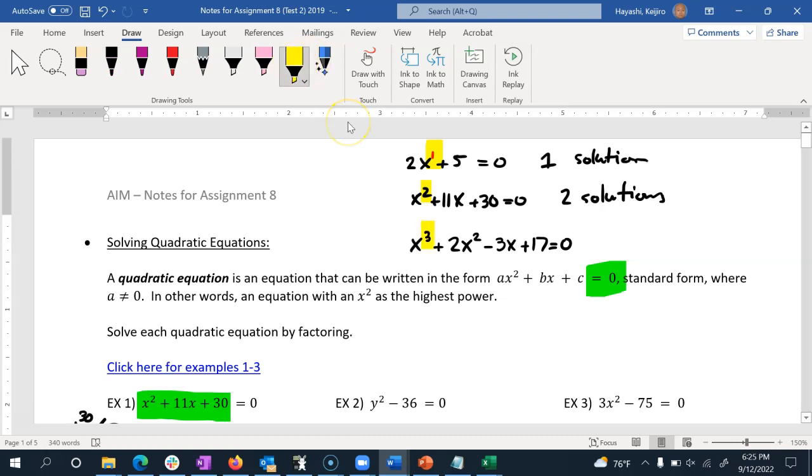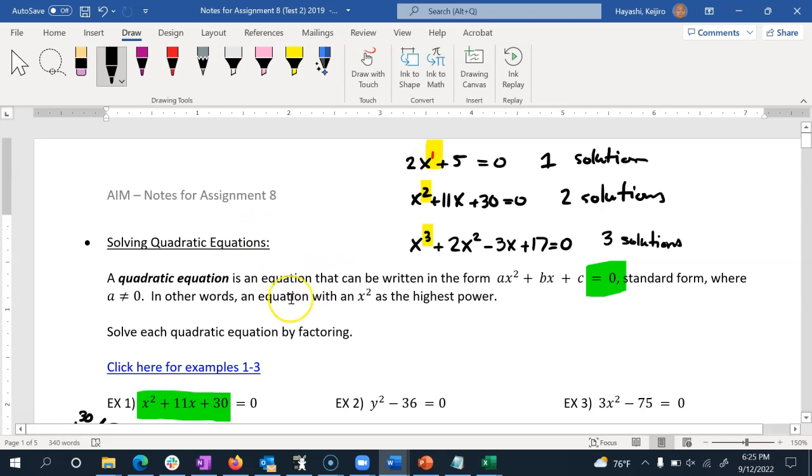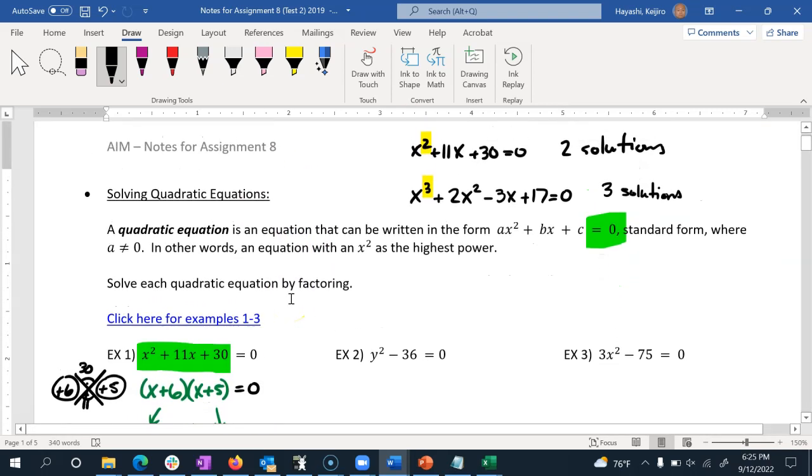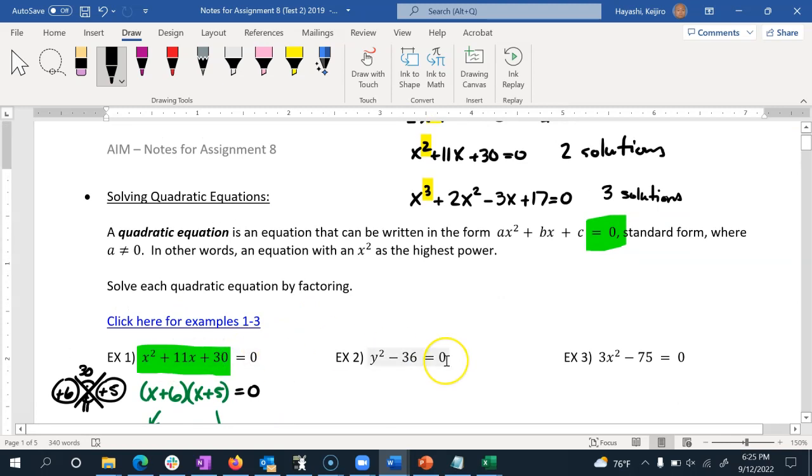Yeah, so in this case, there would be 3 solutions potentially. There might be less for various reasons that we'll get into, but we know at most you can have as many solutions as the degree that you have. So these quadratic equations we're going to look at today are going to have at most 2 solutions.